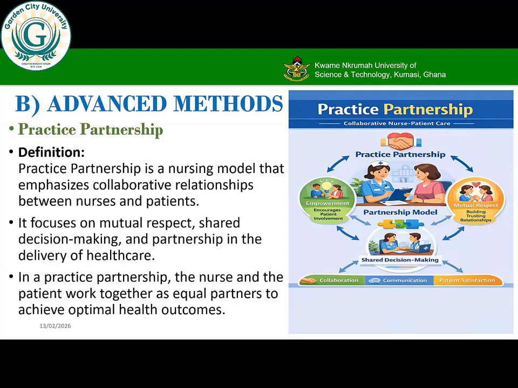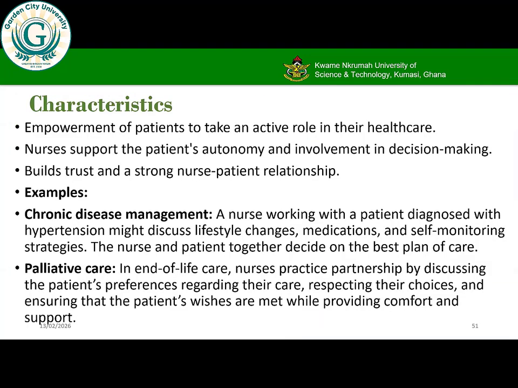With the characteristics of the partnership, there's empowerment of patients to take an active role in their healthcare, and nurses support patient autonomy and involvement in decision making. If we build trust, there's a trusting relationship and a strong nurse-patient relationship. An example is in chronic disease management like diabetes, hypertension.